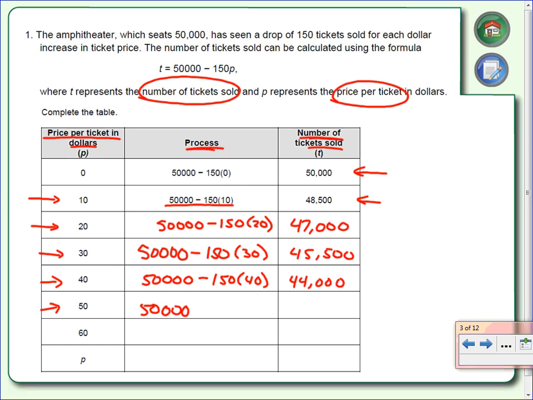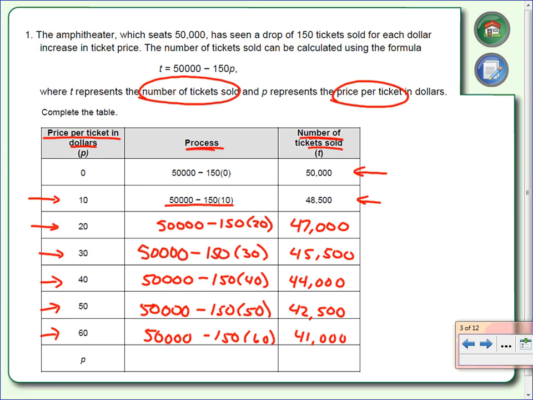If we charge $50 for every ticket, we're expecting about 42,500. And if we charge $60 for every ticket, then we're expecting 41,000.